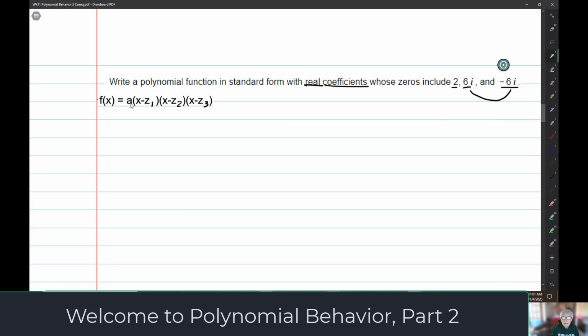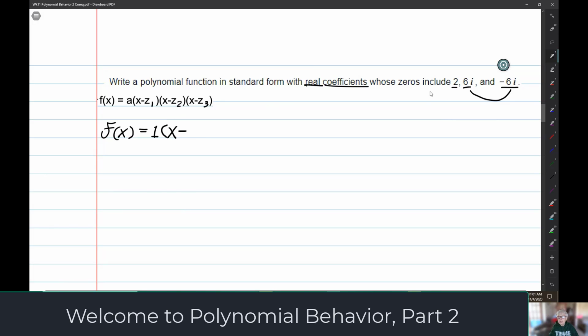Again, I'm going to let A equal 1 because they haven't told us what A is. And that actually is the way it's supposed to be. They're trying to introduce you to multiplying the factors together before you have to include a number in front. So you're going to have x minus 2.